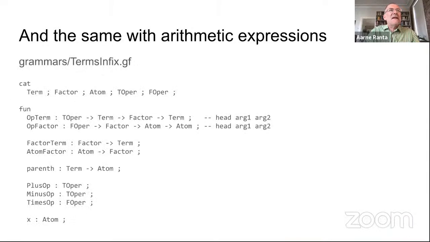First, just to show that you can actually do this with any grammar, and this can be an interesting way of building a robust parser front end to a GF system.